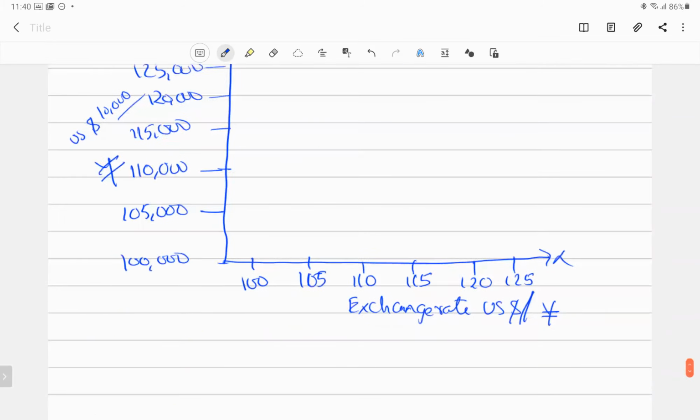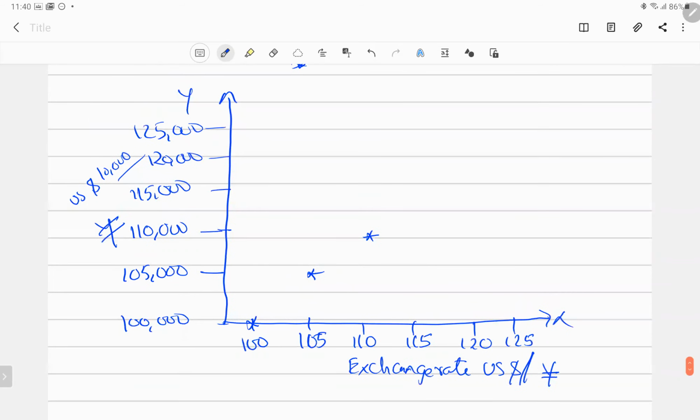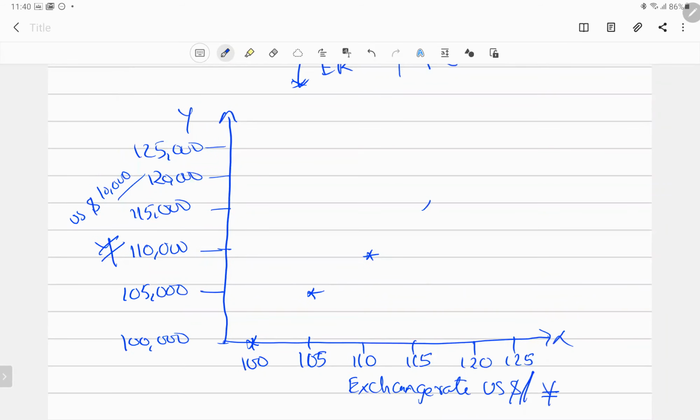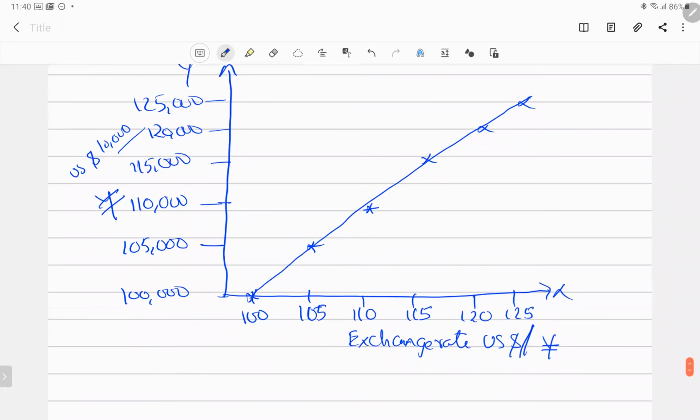So when the exchange rate is 100, it will remain here itself. When it is 105, it will come here. When it is 110, the commodity currency also rises. Then 115, it comes here. 120, it comes here. 125, it comes here. It means that we have a linear line, which goes up when it is the direct relationship. So I put it as DR, direct relationship.